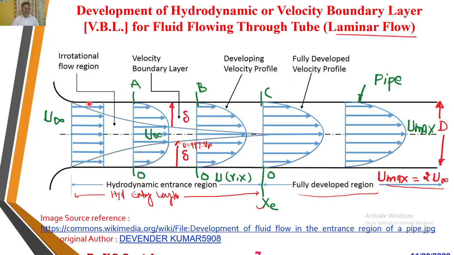Let us consider a tube represented here having diameter capital D. It has sufficient length through which fluid is flowing. Let us consider that fluid with free stream velocity u infinity is entering this tube. At the entrance of this tube, the velocity profile shape will be uniform and constant.